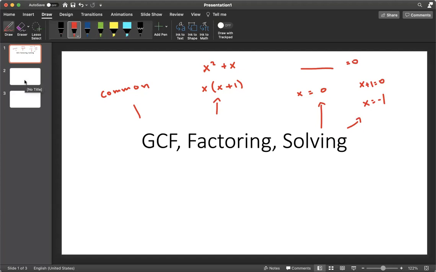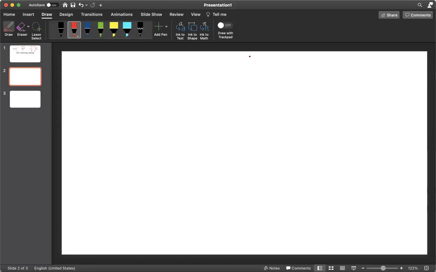So let's do a more in-depth example. So what if we had 4x squared plus 16x? So here we're going to do GCF. And my GCF, what do they have in common?